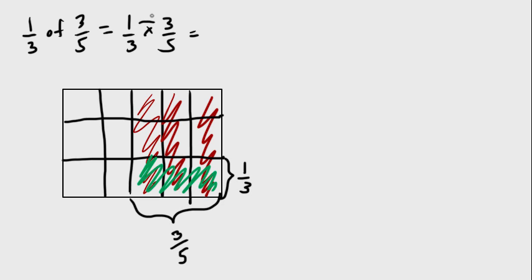How does that work? Well, multiplying straight across, we would get 3/15. But we would also get 1/3, because look at 1, 2, 3, 1, 2, 3, 1, 2, 3, right? So we have a third of it, but it's also a 5th, right? It's an equivalent fraction. So 3/15 is the same as 1/5, right?